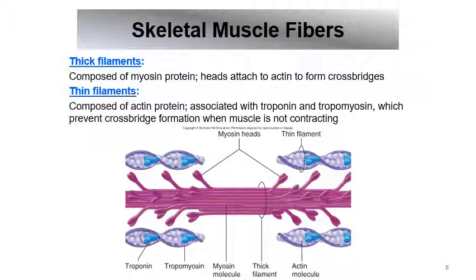Next, we have to look more closely at these filaments. So here, this is talking about the thick filaments and the thin filaments. Okay, so here the purple with these things that are sticking out, this whole thing is the thick filament. But a thick filament, we already said that it's made up of the myosin protein. So one myosin protein looks like this. Okay, it's actually got two of these shapes there.